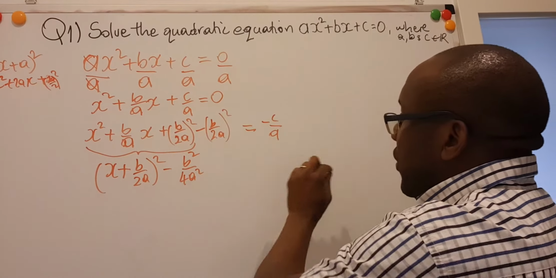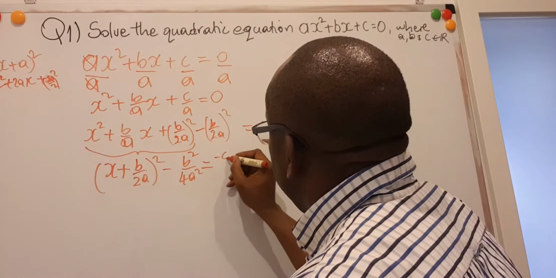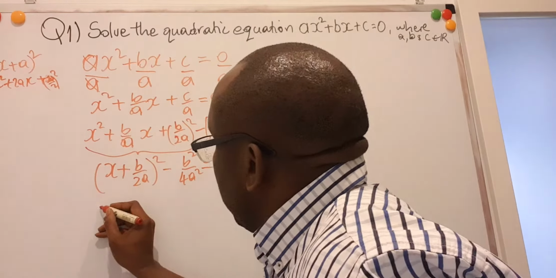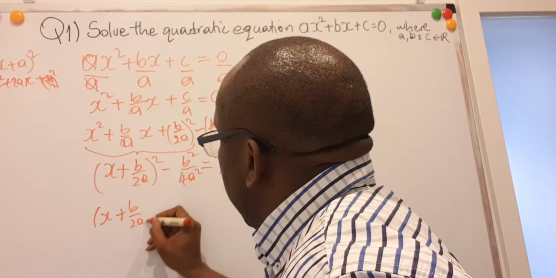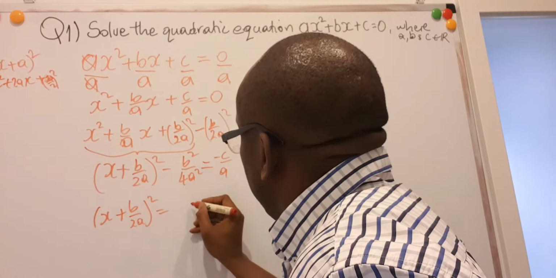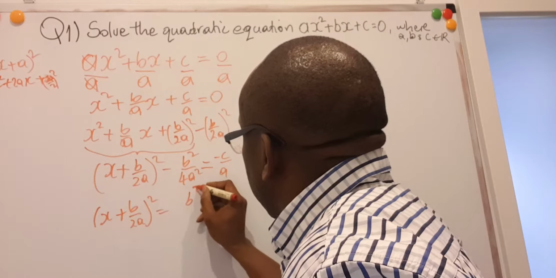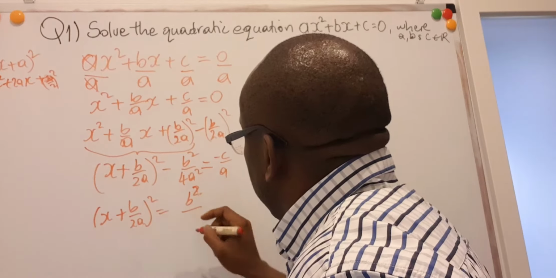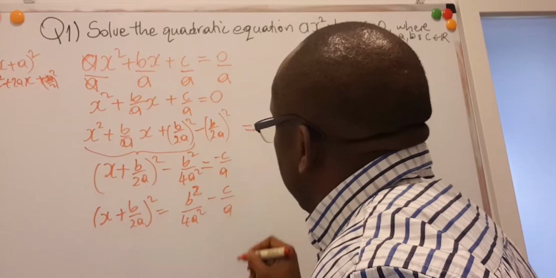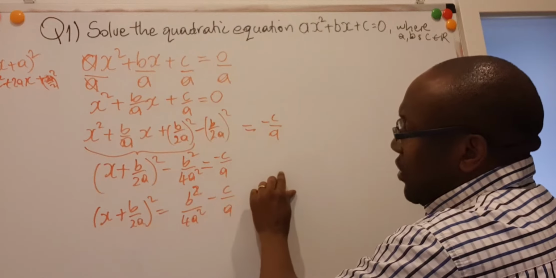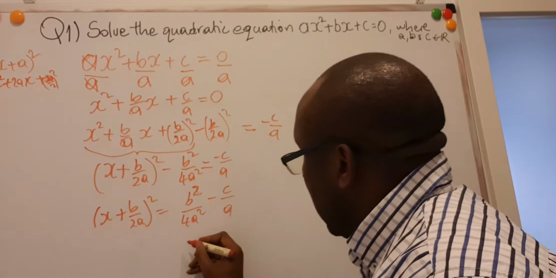I can take this to the other side. Remember, this is minus c on a. If I do that, then I get x plus b on 2a, all squared, is equal to b squared over 4a squared, minus c on a. It was minus, and when I take it to the right hand side, it becomes plus.